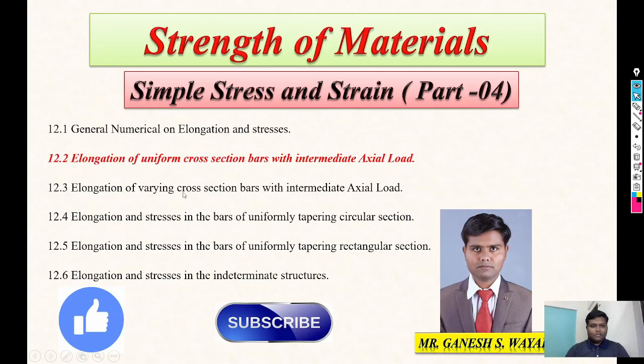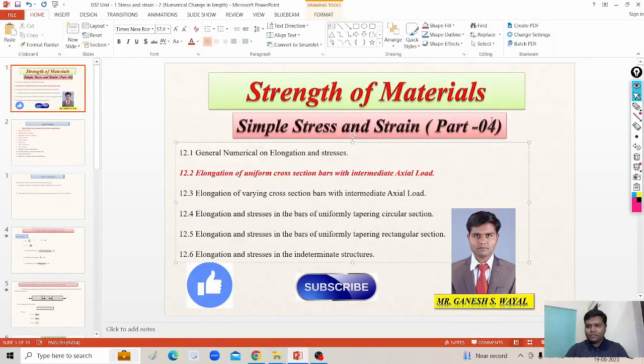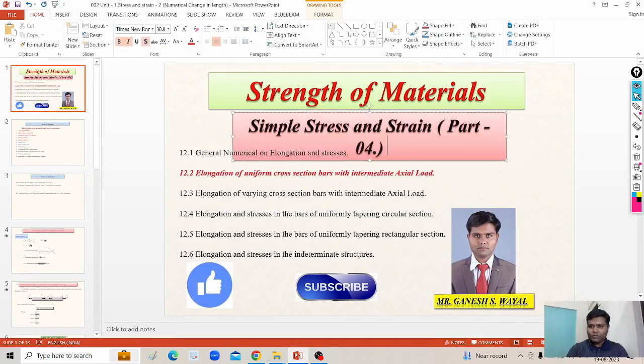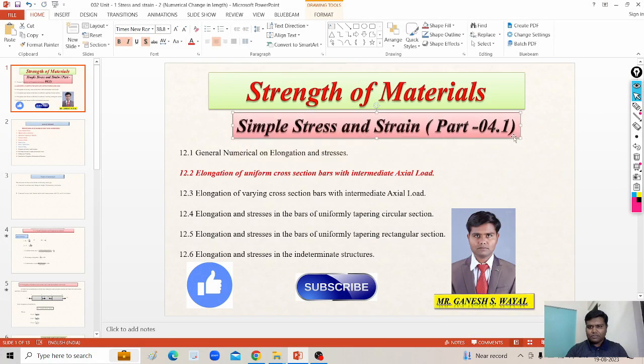So basically so many types of numericals are there in the uniform cross section bars with the intermediate axial force. Due to the time period, I have divided the videos on this type of numericals in two parts. First I will discuss 2 to 3 numericals in the first part, 4.1, and the next one will be 4.2.